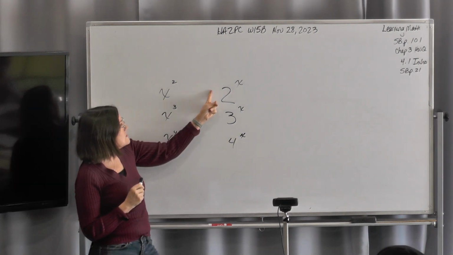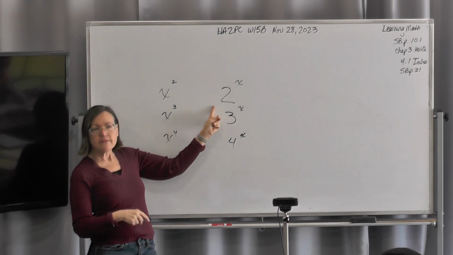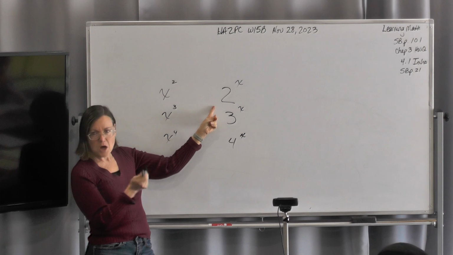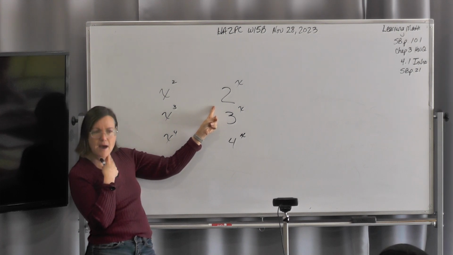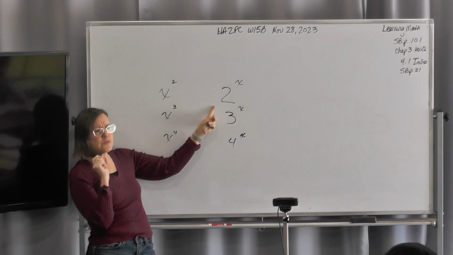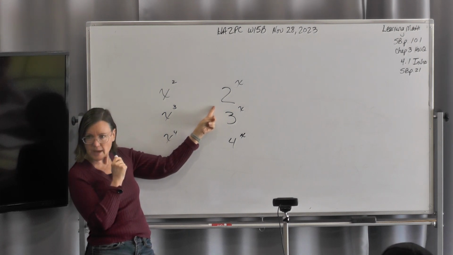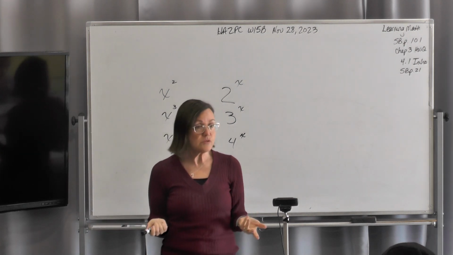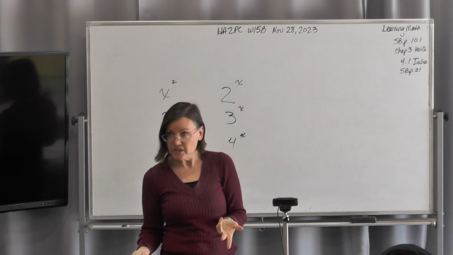All we're saying is we've got a base, and what we don't know is what we're raising it to. The most common application of this is time. Most algebra classes will do at least a little bit of exponential functions where you might take a population that grows, and it'll be growing as a function of time.